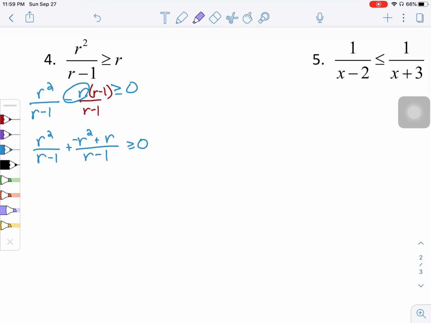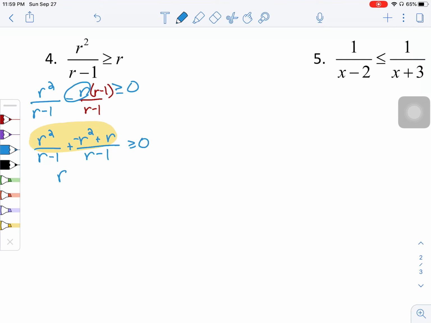I'm going to look to combine these two numerators up, look for like terms. One thing I notice is that I have r squared and I have a negative r squared, so those will conveniently cancel. So all I would have left then is r over r minus 1 greater than or equal to 0.